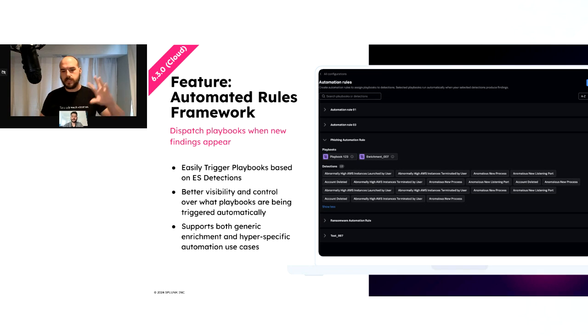Rather than having to manage detections in one place and playbooks in another place, you can do both many-to-many relationships, as well as one-to-one relationships. For example, you could have a generic enrichment playbook that should occur for 50, 100, 150 detections in your environment.